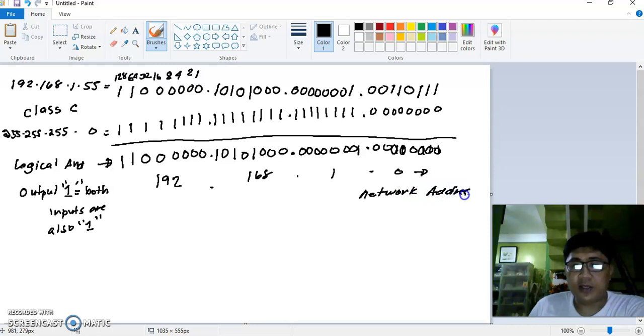As I told you last time, the network address represents this one from the start, and the broadcast address is when you activate all of the bits.